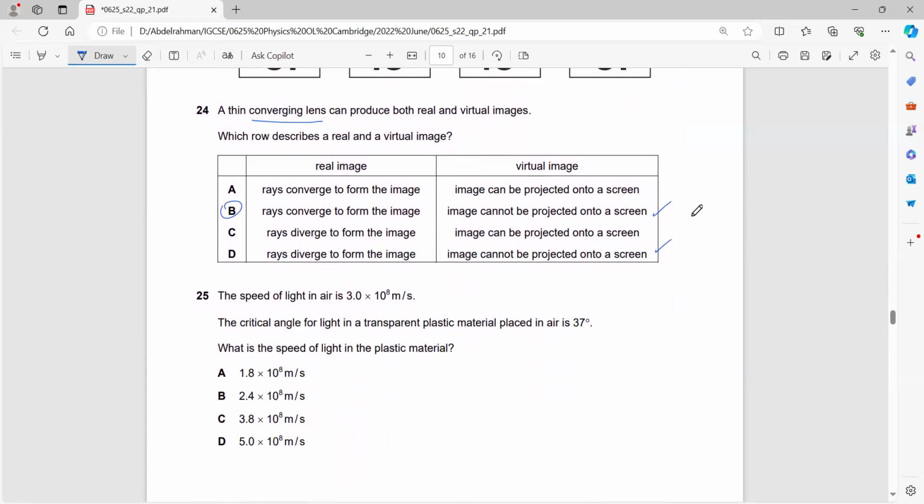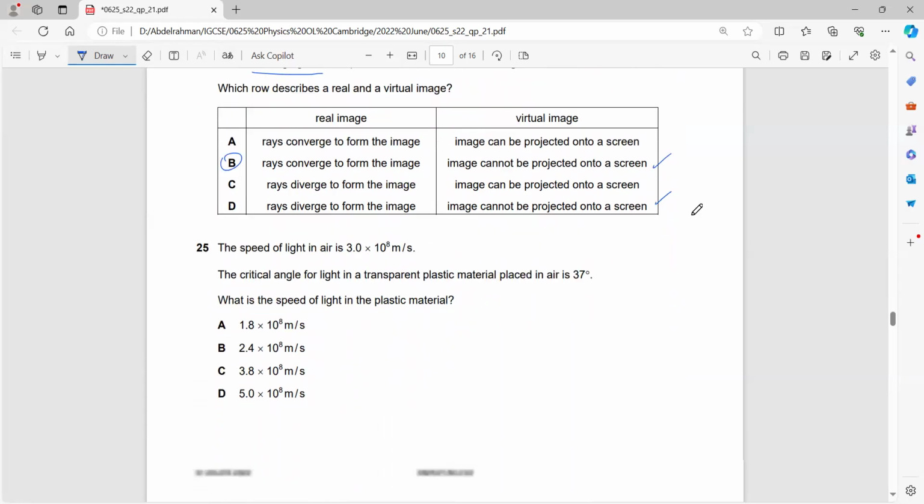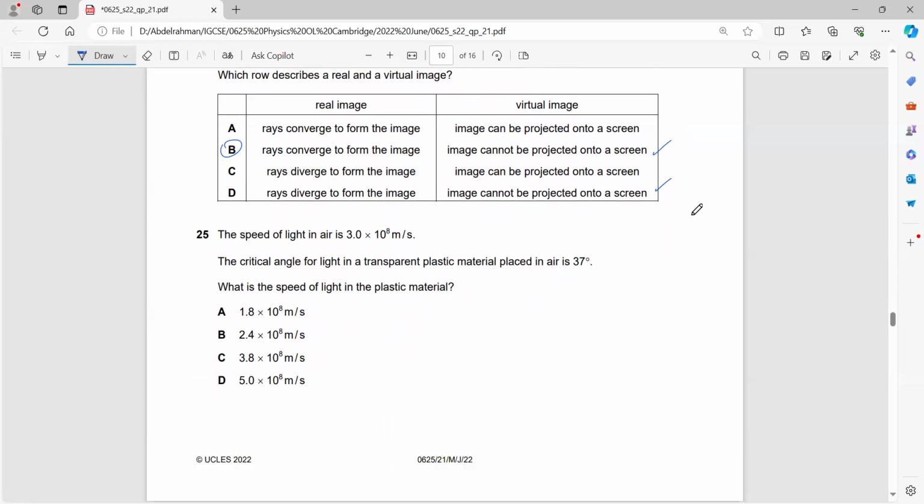The critical angle is 37 degrees. What's the speed of light inside the plastic material? It's the speed of light in air over the speed of light in the medium. What is that equal to?